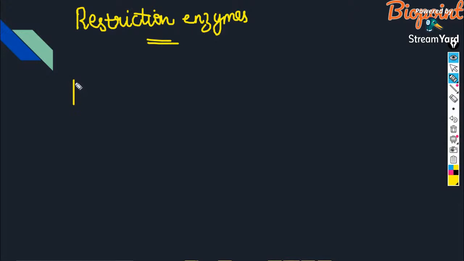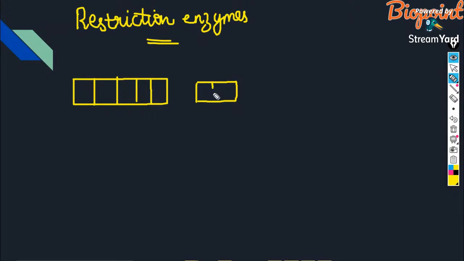Sometimes the restriction enzymes can cut the DNA into small fragments. This is referred to as a blunt cut or blunt end.